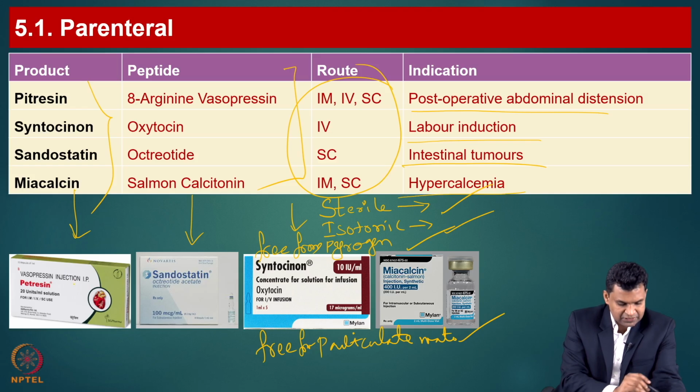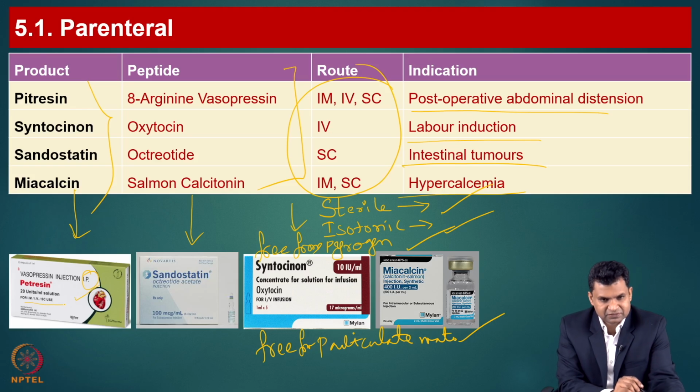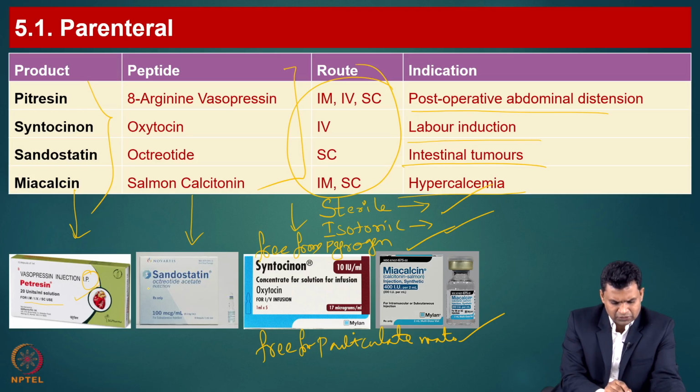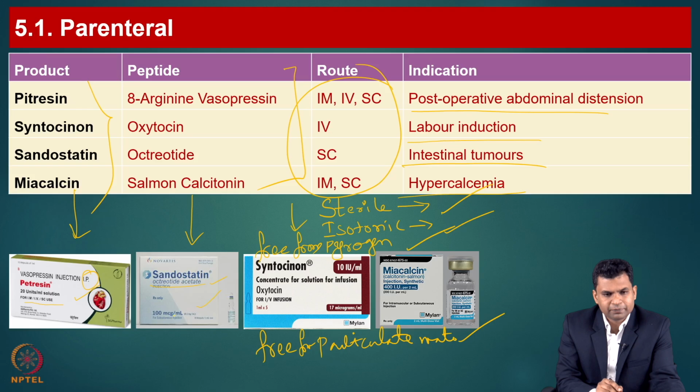Here you can see vasopressin injection, Indian Pharmacopoeia, 20 units per ml. It can be given intramuscular, intravenous and subcutaneous. Here also is the octreotide acetate formulation, which again comes in injection format, 100 microgram per ml. Here also you can see oxytocin, which is used for labor induction.